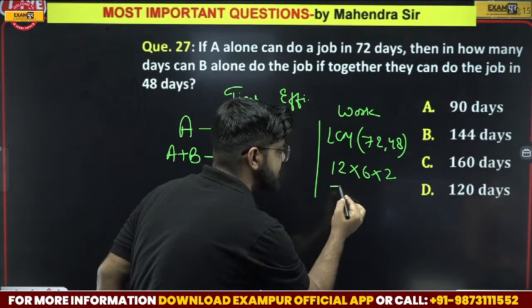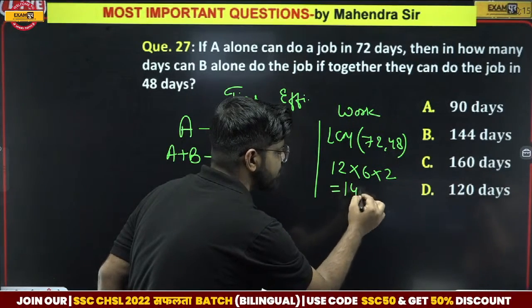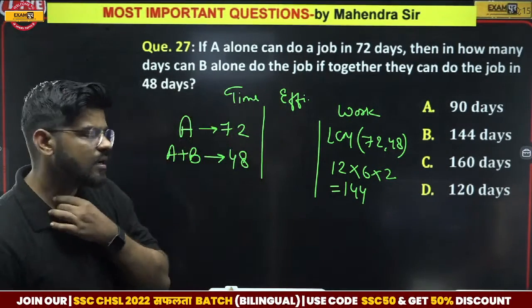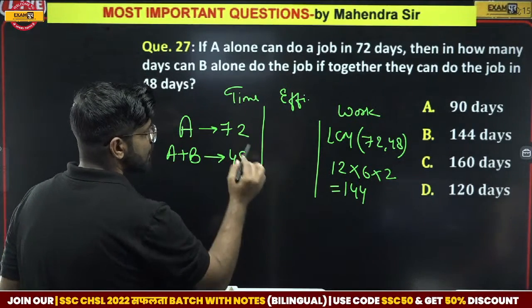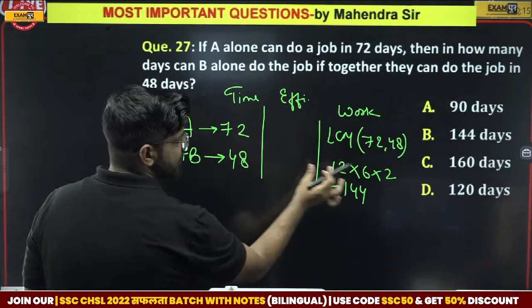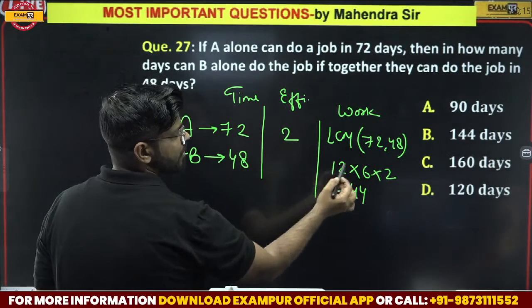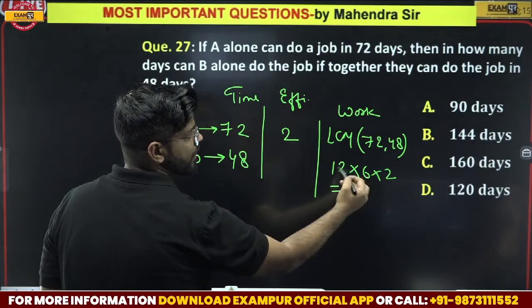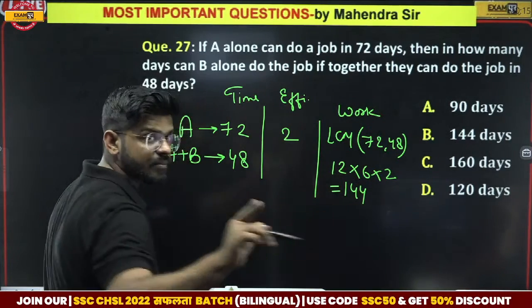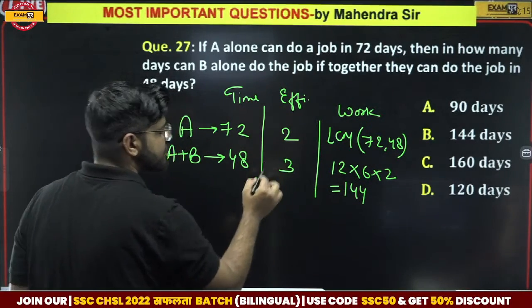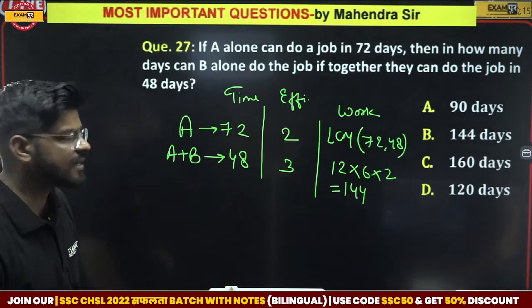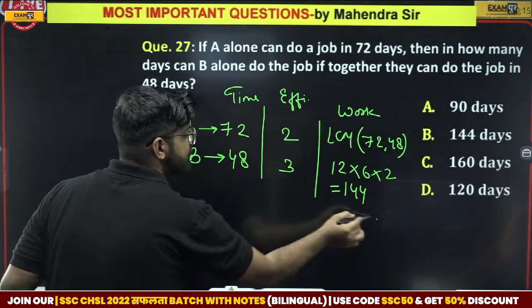So 12 12s are 144. Like this, you can take the LCM. So 72: 144 divided by 72 is 2. 48: 12 4s are 48, so here is 24, one 2 is there, then remaining is 3. This is how you can calculate the efficiencies.